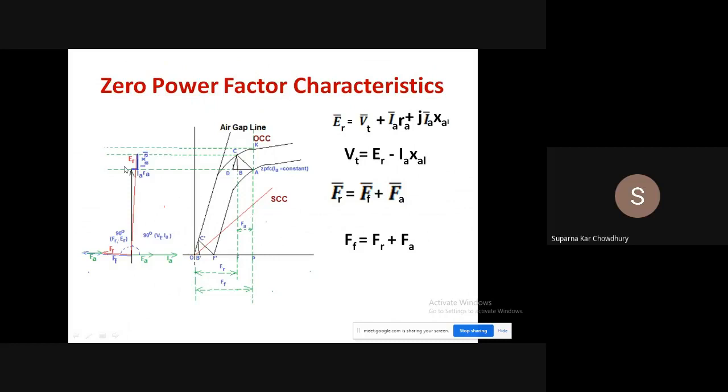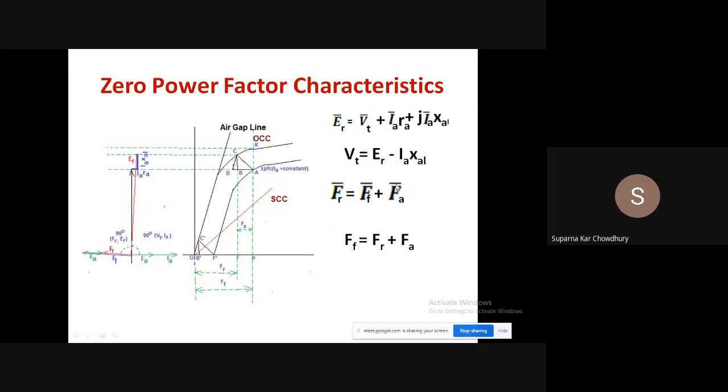But from this figure, you can see that this angle is very small, actually smaller than whatever I have drawn here. So basically ER and VT are almost in phase because this RA is very small. So ER is approximately VT plus IA XAL, or VT is equal to ER minus IA XAL. So this phasor equation reduces to a scalar equation under the zero power factor condition.